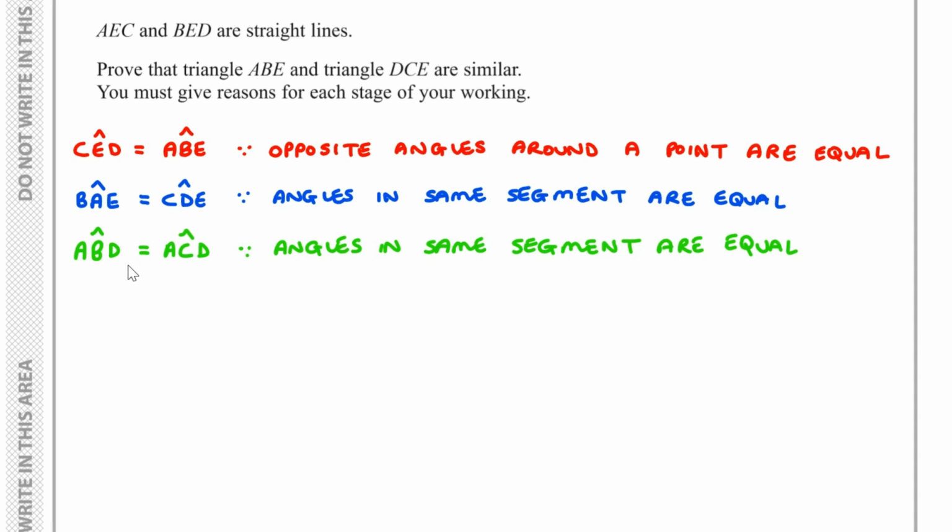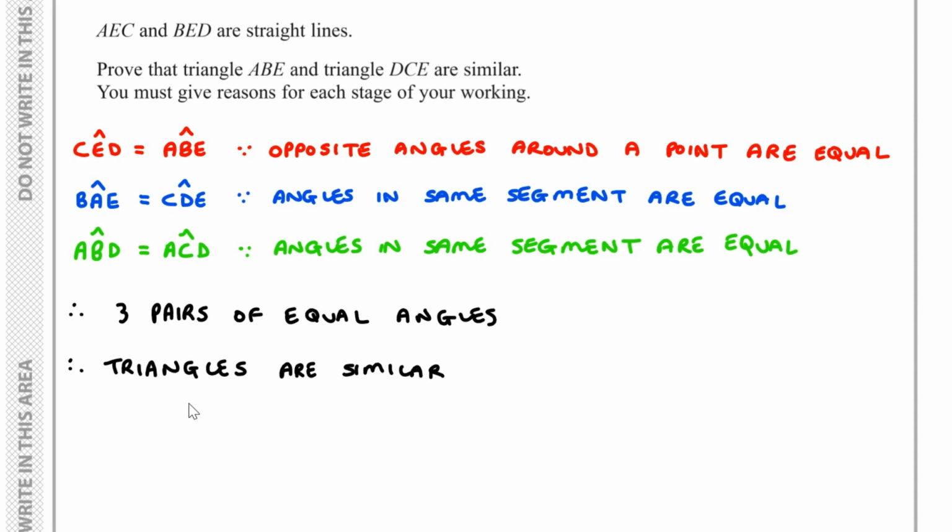So of course ABD and ACD are equal because angles in the same segment are equal. So therefore, what we can conclude is 3 pairs of angles. We've got 3 pairs of equal angles, and therefore the triangles are similar.